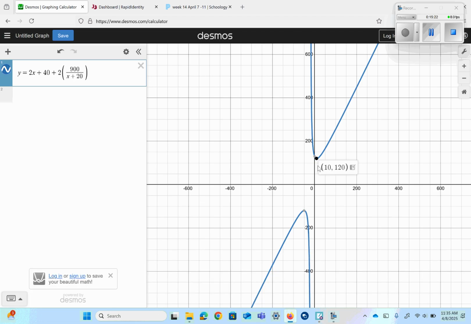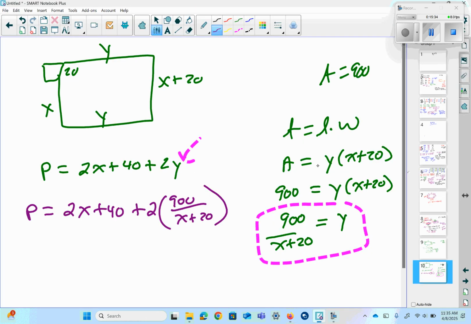But I do have a local min at 10 comma 120. I'm curious what that's going to give us. So we're saying that this could be the answer. Let's see if that's going to help us. If x is 10, this side would be 30. That would be 10 there.